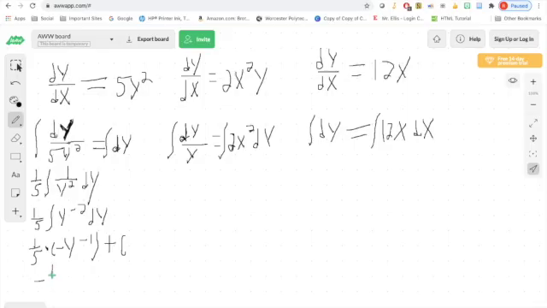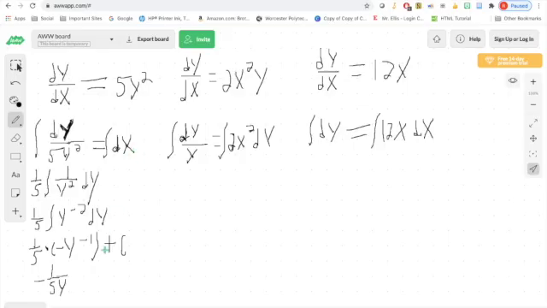-1 over 5y is going to be the antiderivative. And then the plus c is important, but like I just said, we're going to leave that to the right side of this equation. Sorry, this should be a dx, and bring it over on the right.